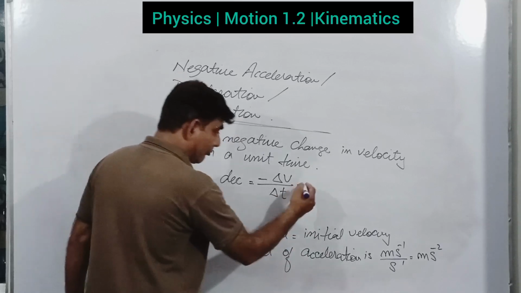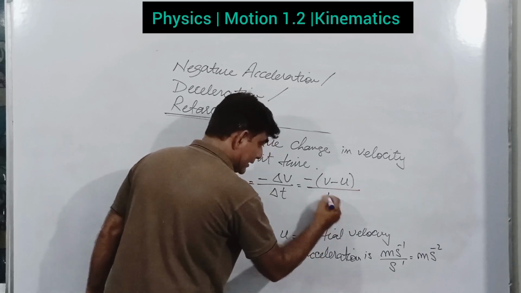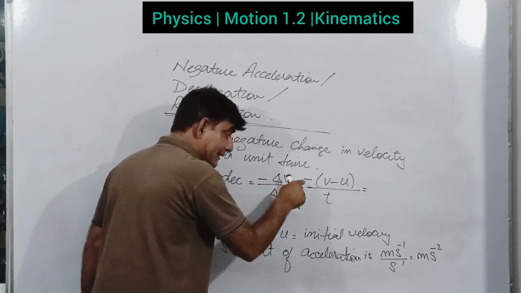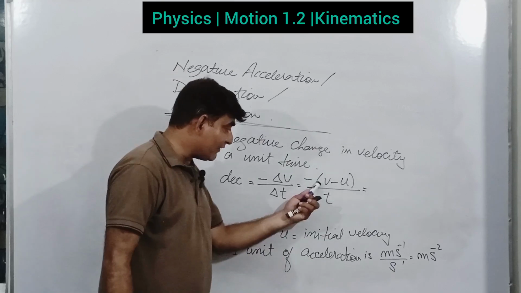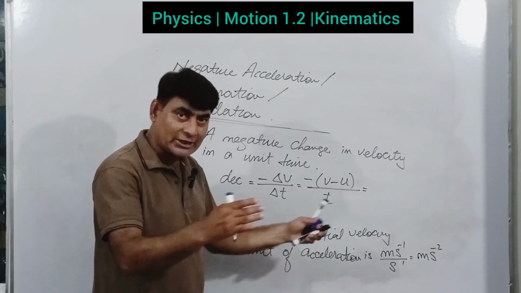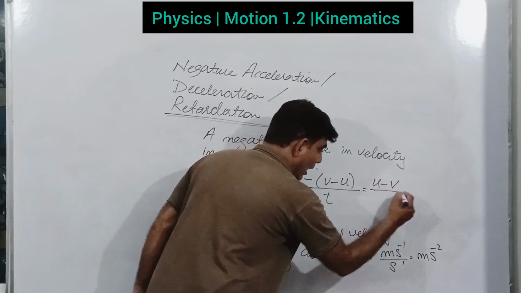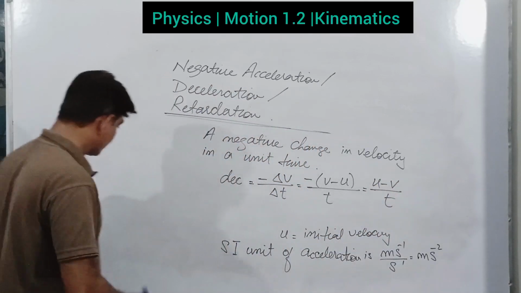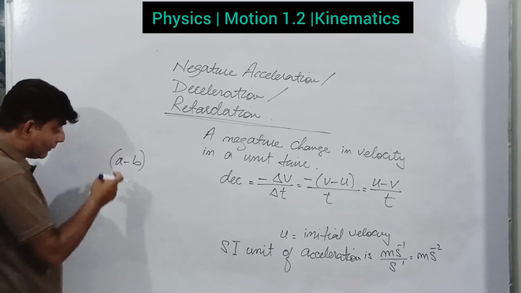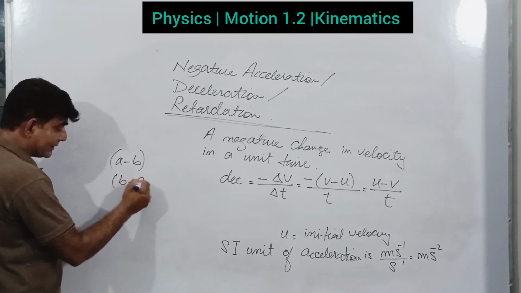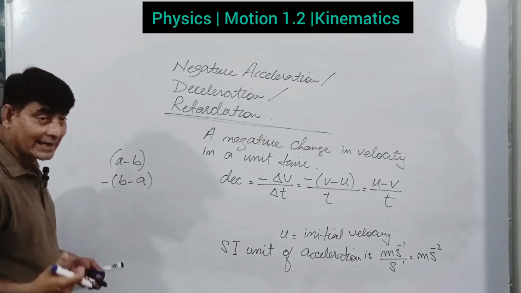It means we write v minus u divided by t, or when this negative sign is applied, negative v, positive u, so you can change the place as well, like this, u minus v upon t. Listen, this is a minus b. If we replace their position, b minus a, you should take minus as a common.